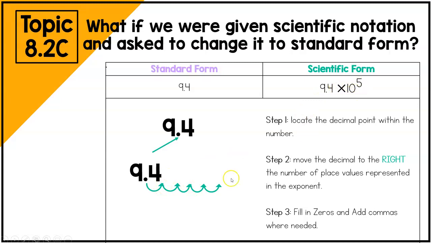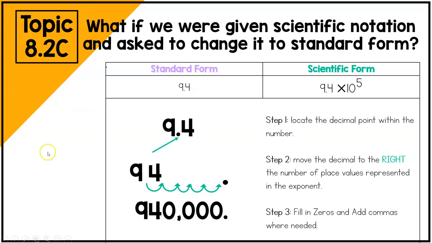And step 3 says to fill in zeros and add commas where needed. So here we fill in all those zeros, and then we can fill in our commas. So now our number is 940,000. Same basic concept, except we're just working backwards.